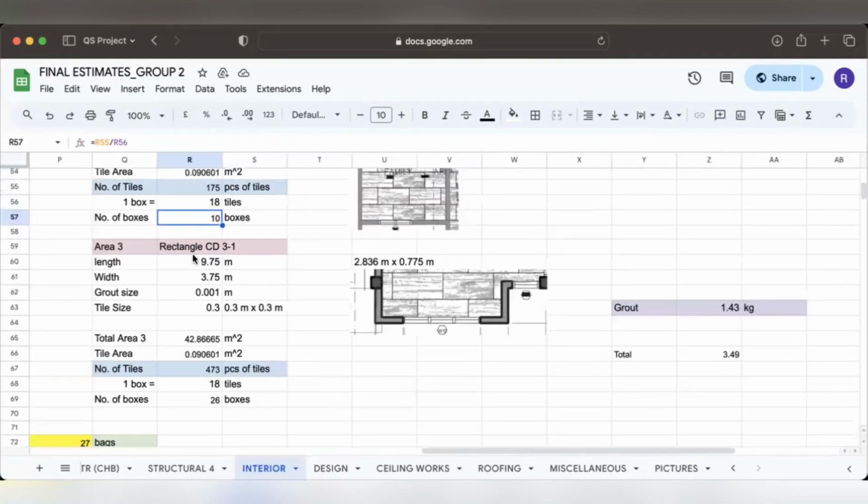Area 3, we have a length of 9.75 meters, a width of 3.75 meters with the same grout and tile size, and have an area of 42.87 square meters and a tile area of 0.09 square meters, having to equate it to 473 pieces of tiles and 26 boxes.